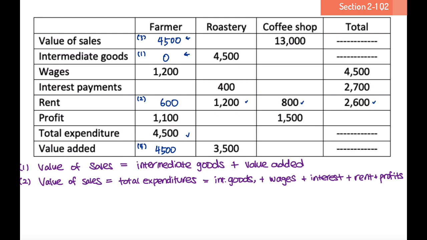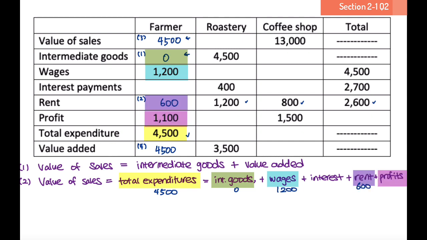We also know that the total expenditures of 4,500 has been distributed towards intermediate goods, wages, rent, and profits. So the rest probably went towards interest payments. So we just need to subtract 1,200, 600, and 1,100 from 4,500 to figure out the interest payment for the farmer, in which case it is 1,600.